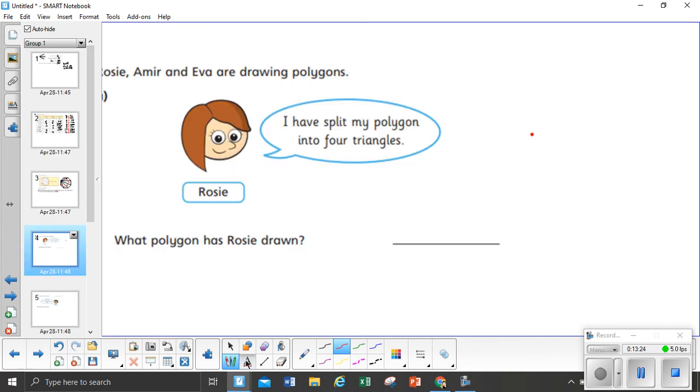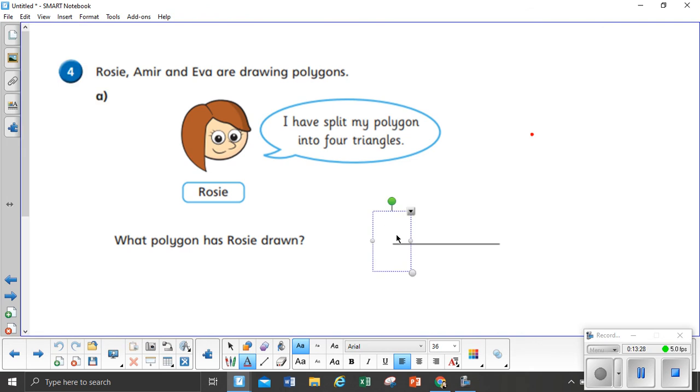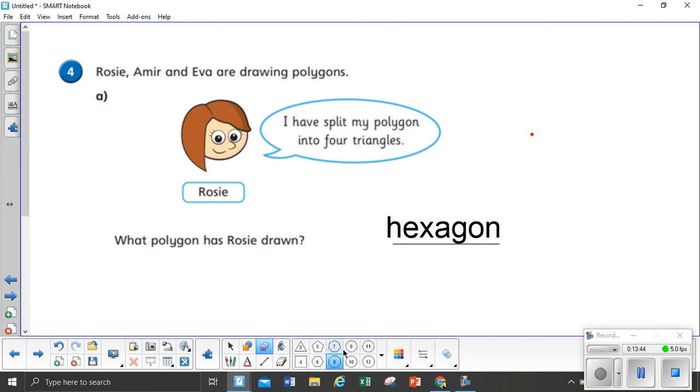So Rosie's polygon is a hexagon. Doesn't need a capital, it's just a common noun. It's a hexagon. Okay. You can see that, hopefully.